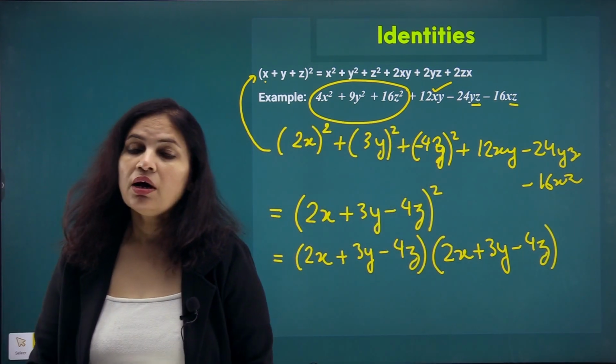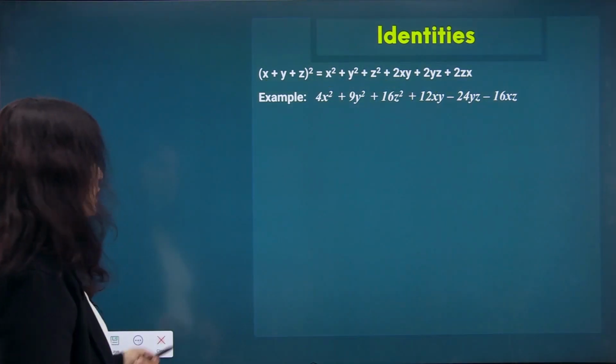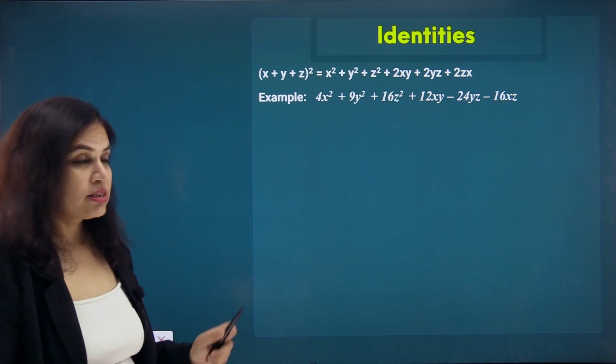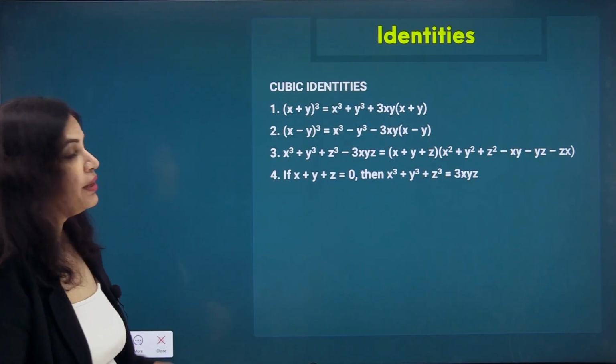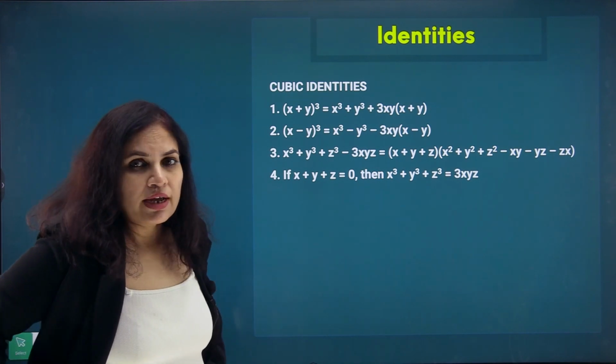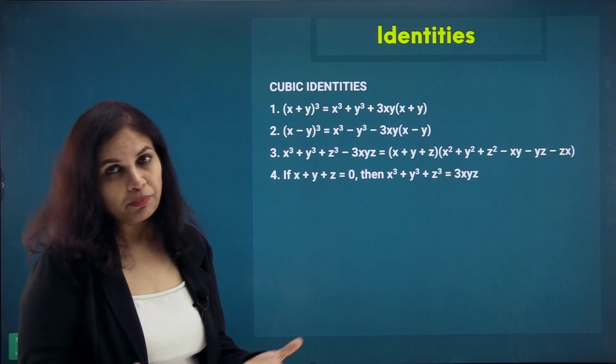So, this is all about square identities. The next thing we'll discuss now is cubic identities. Like square identities, we have cubic identities also, because we need to factorize cubic polynomials as well along with the square polynomials.